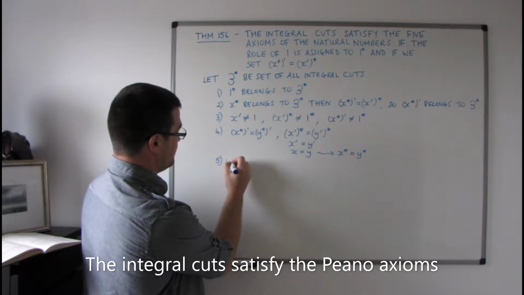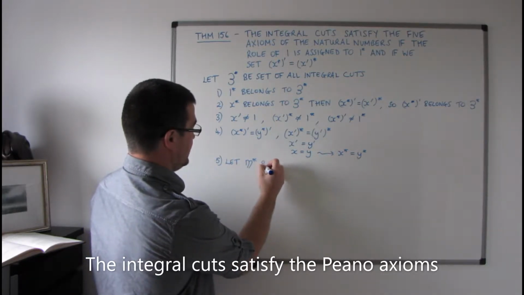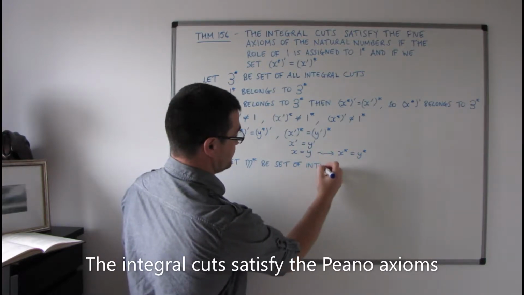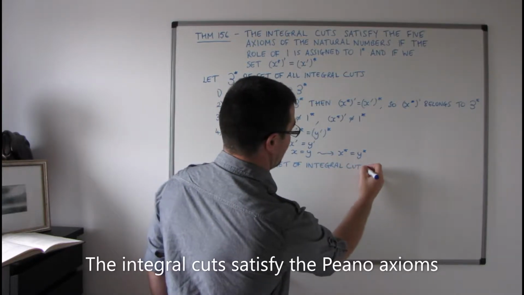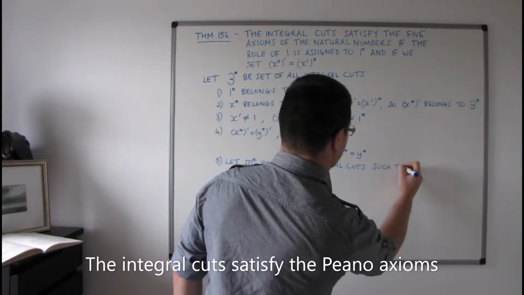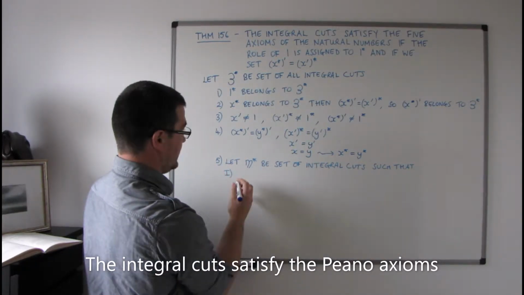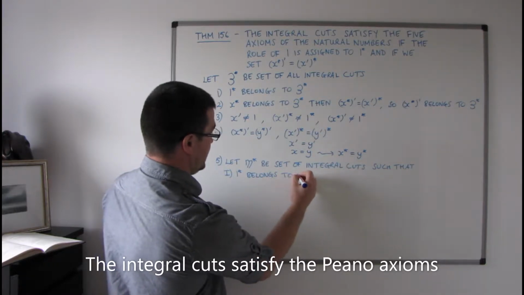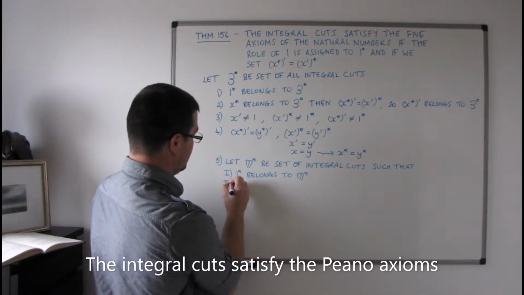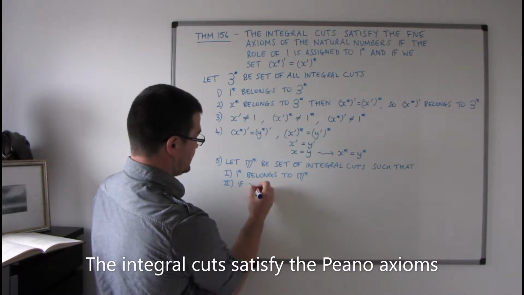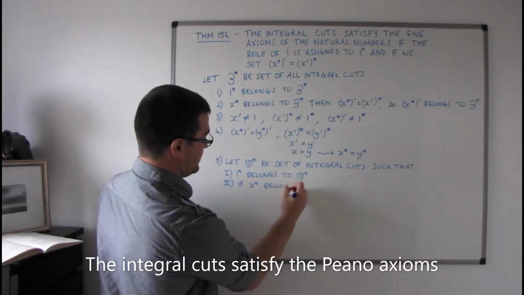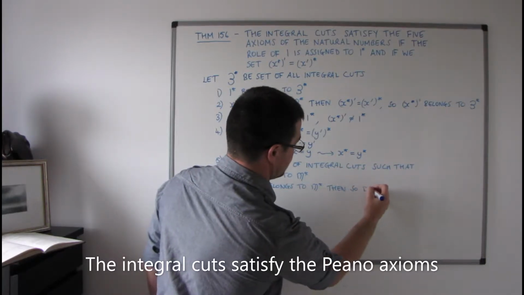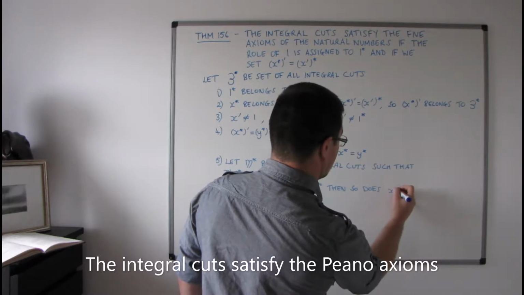And then for part 5, okay, so let m star be a set of integers, of integral cuts, sorry, such that 1, one star belongs to m star, and 2, if x star belongs to m star, then so does x star primed.